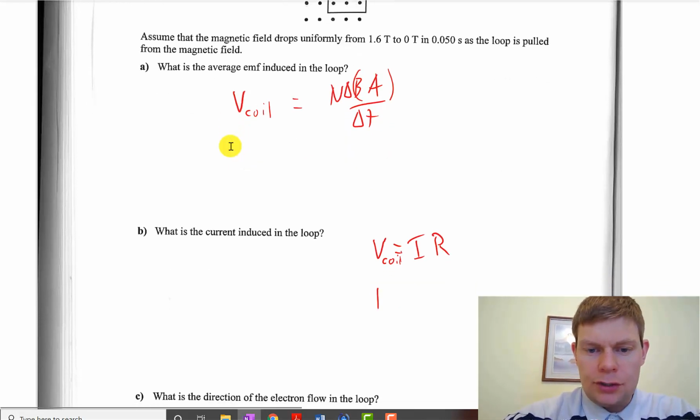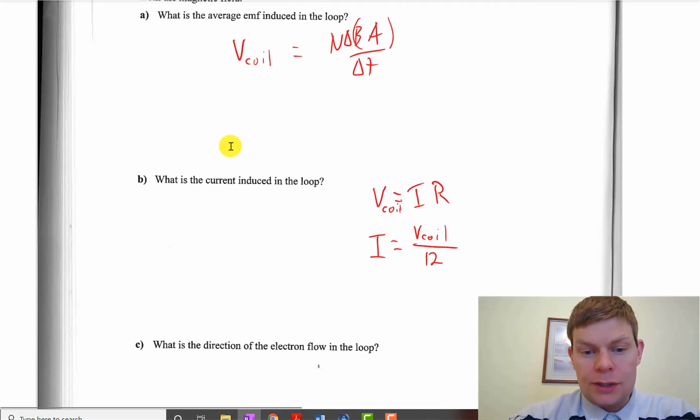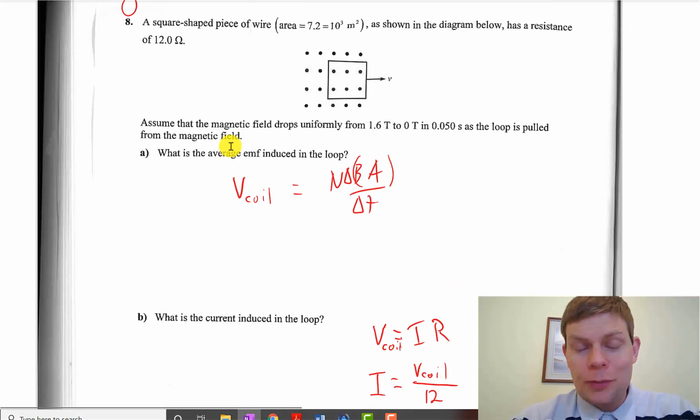So your current is just your answer to the first one divided by your resistance, which I believe was 12. And then for the last bit, you want to know what's the direction of electron flow in the loop.